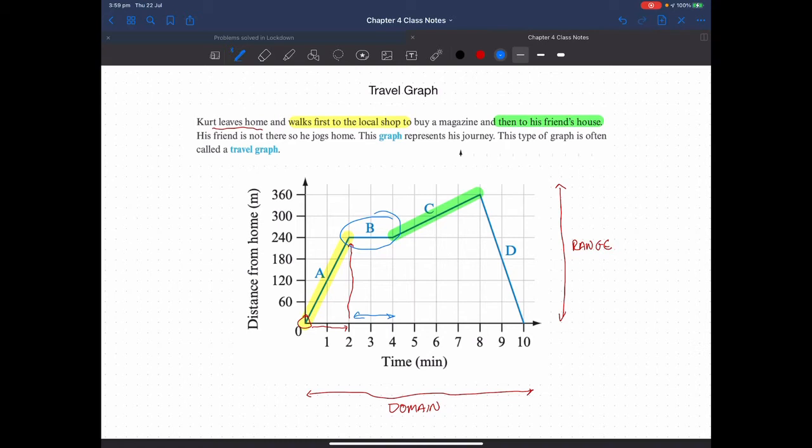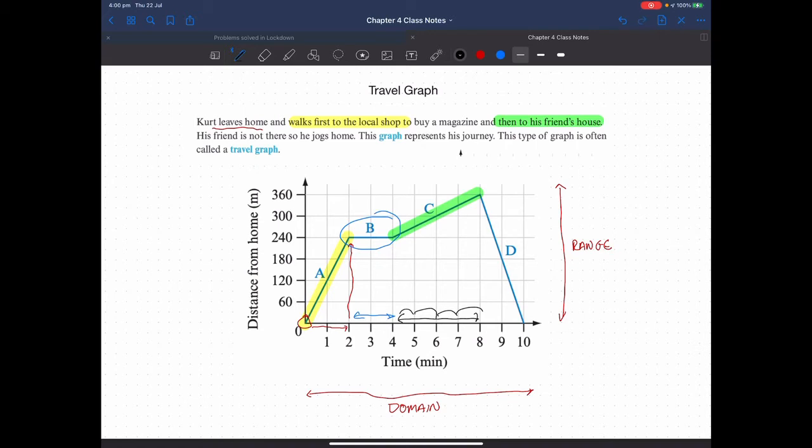Now I'm going to change my pen to black. So what does that now mean? He then went to his friend's house. It took him from 4 to 8, that is 1, 2, 3, 4 minutes to travel to his friend's house.